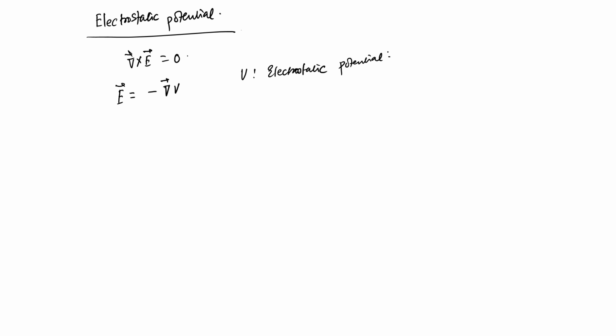And just like the electric field, the electric potential has a form which is 1 by 4 pi epsilon 0, we have rho of r prime, and there is a root r, and then there is a dv prime. So, do not confuse between V, which is the potential, and the dv that we talk about here, which is the volume element.